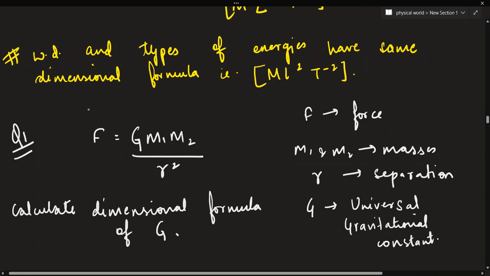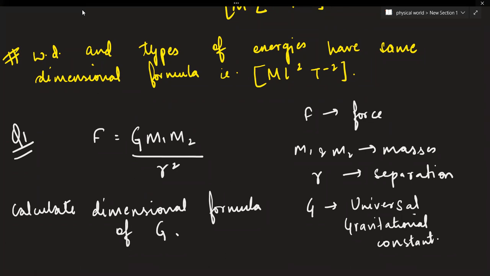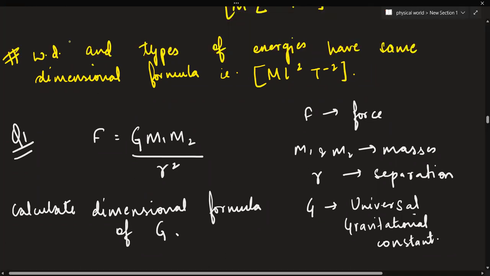Now you know the dimensional formula of force as well. Quickly tell me what will be the value of G. Take 2 minutes and I'll discuss. Let me discuss it only.